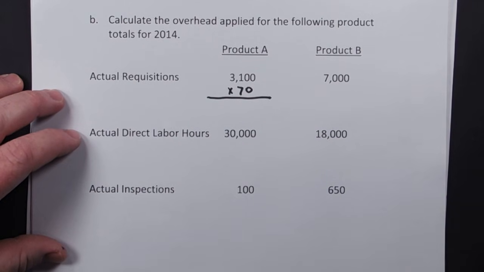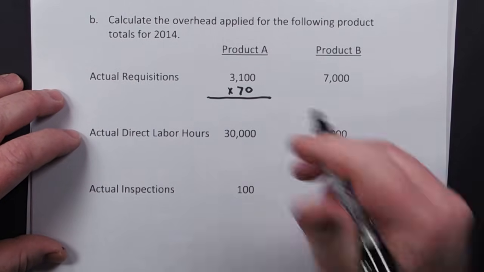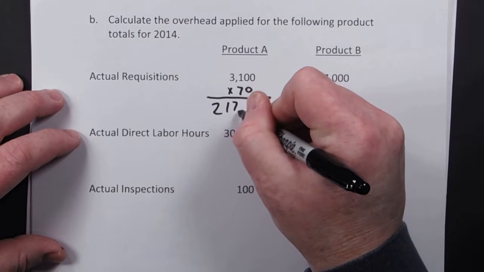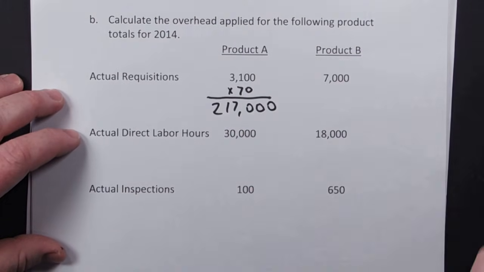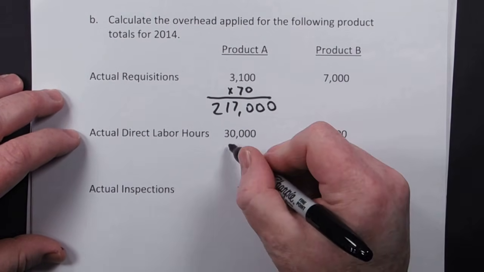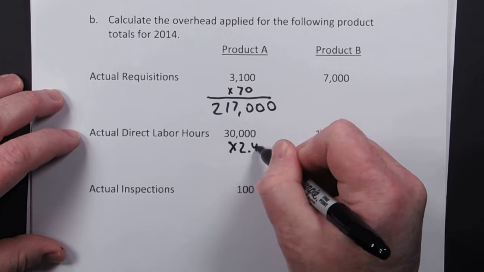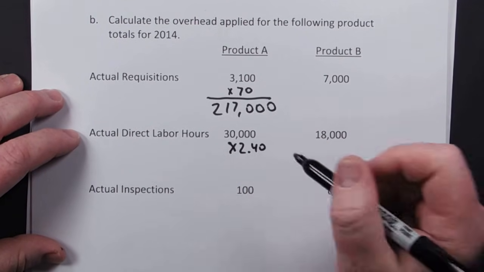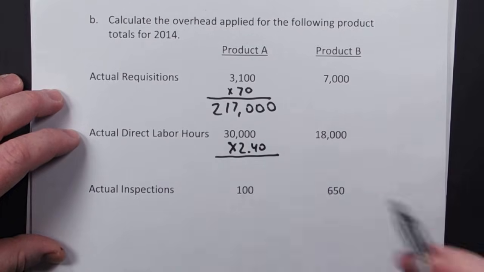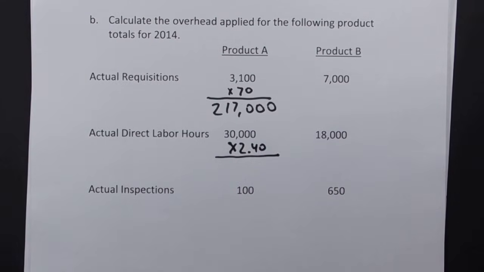So we're going to apply 217,000. Direct labor hours times $2.40. So 30,000, and each one's going to have $2.40 applied. $72,000.